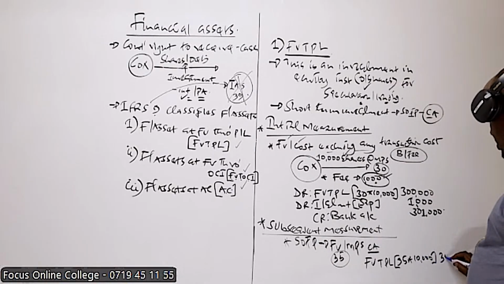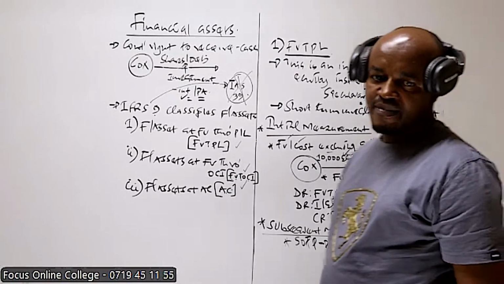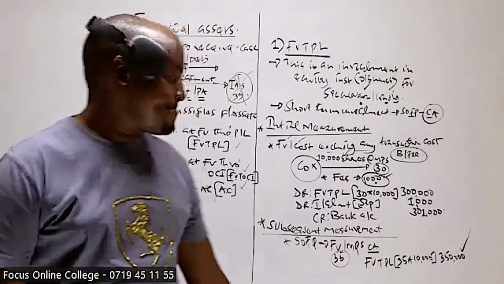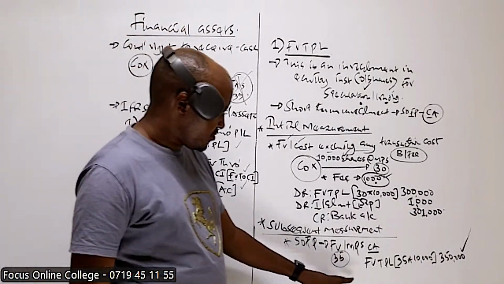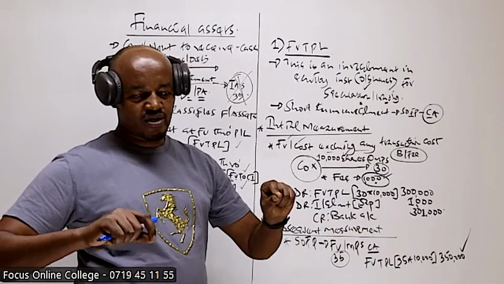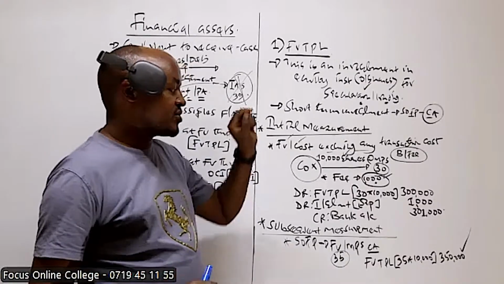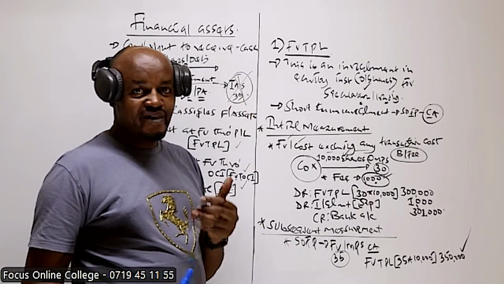So they will be recorded in the statement of financial position at 350,000. But you can see they were initially recorded in the company's books of account at 300,000. So that means their value has increased from 300,000 to 350,000. So we have an increase in the fair value.